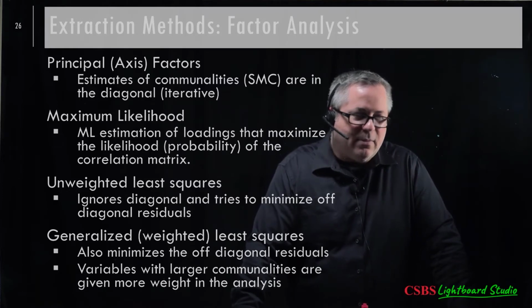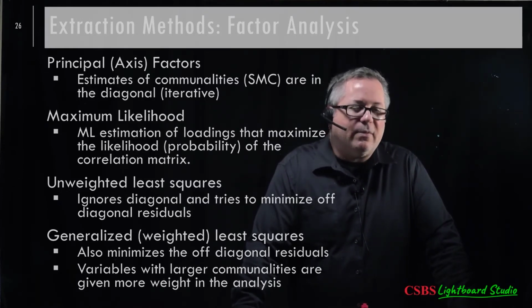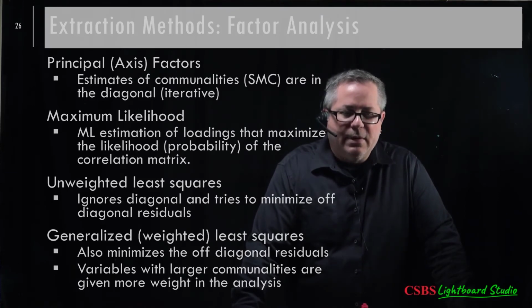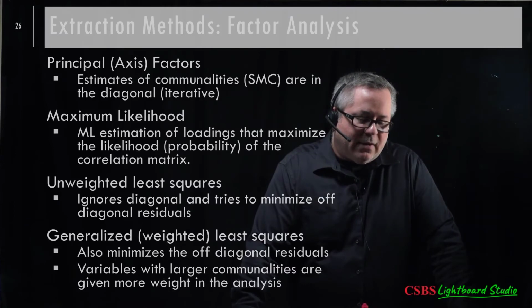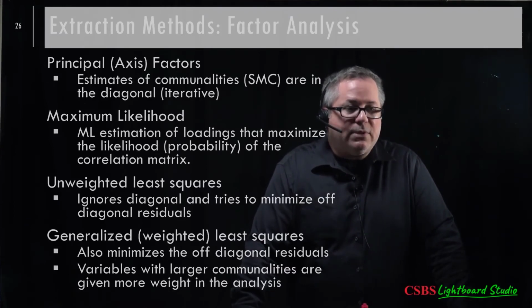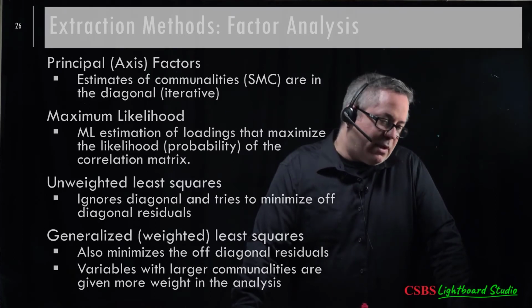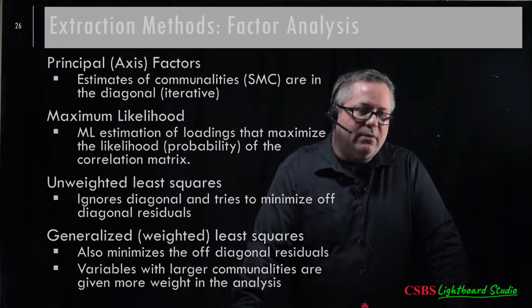It then creates the commonalities from that, puts them back in, and iterates through, or something similar to that. I may have missed some steps in there. Unweighted least squares does something similar. It looks at just the off diagonals, ignores the diagonal to estimate what the commonalities would look like for the first iteration, puts those estimated commonalities into the second iteration, and then goes through the same after that until it converges.